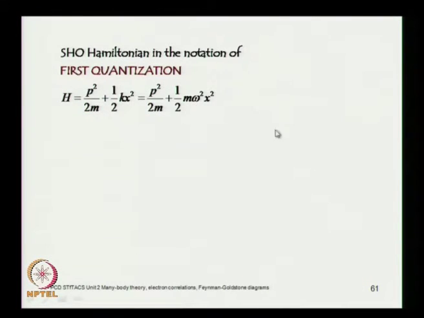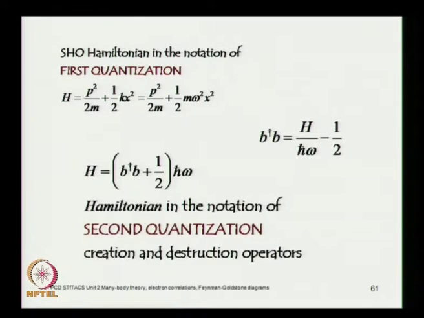So, this is the Hamiltonian in the first quantization notation. You have got b dagger b equal to H over h cross omega minus 1/2, which is what we just obtained, and if you flip this equation, you get H is equal to b dagger b plus 1/2 h cross omega.